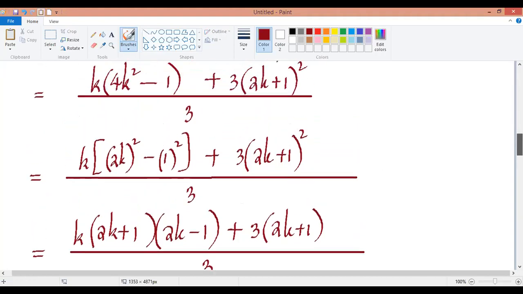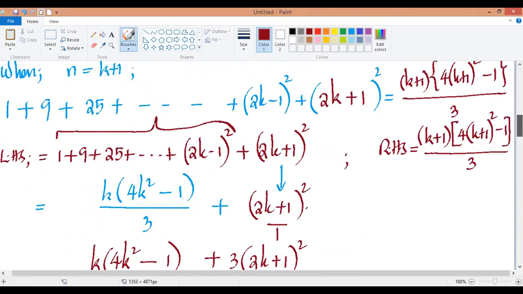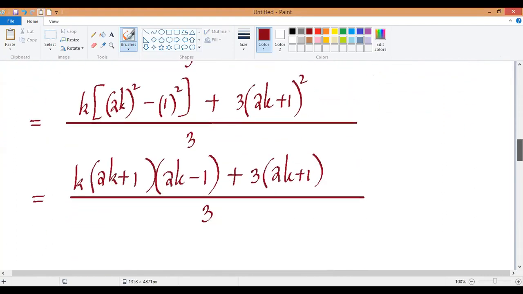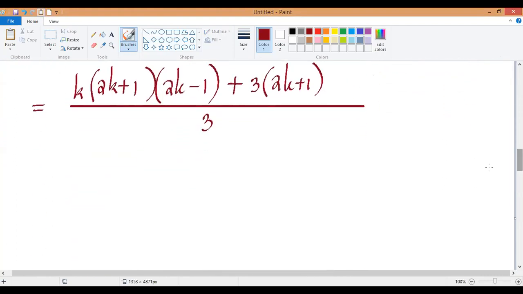There's a difference of 2 squares there. So depending on what we want to come up with, I'm certain that we can now take out 2k plus 1.